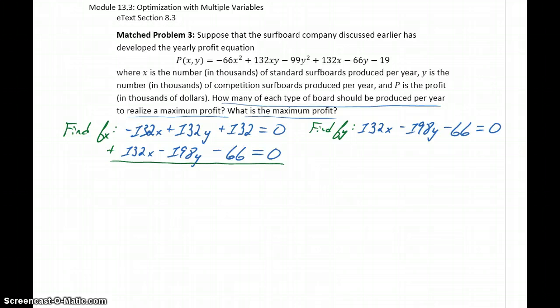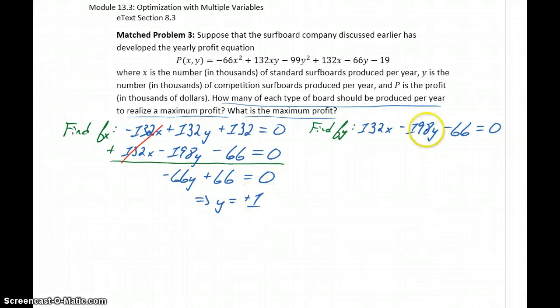The reason this is a preferable method in this case is that we can see negative 132X, 132X, that's just going to be 0, so those are going to cancel out. 132Y minus 198Y is going to give us negative 66Y, and then 132 minus 66 will give us 66 equal to 0. So subtracting 66 from both sides, dividing by negative 66 is going to give us a value of Y equals positive 1.